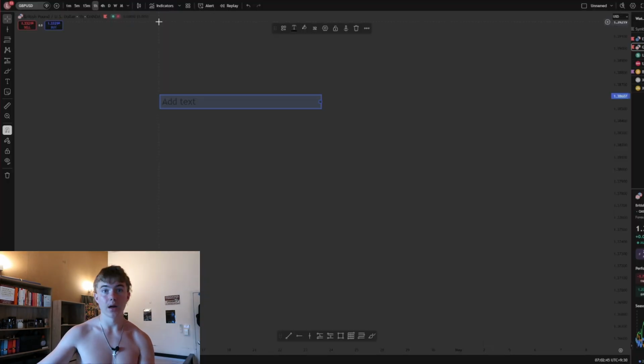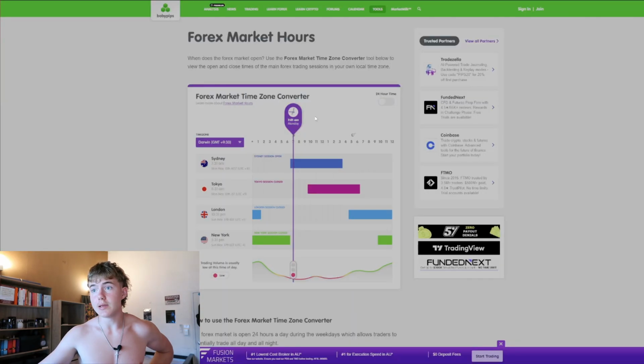And I matched that up to the pairs I was trading, because you'll see I'm trading Euro USD and GBP USD. So GBP, that's going to get more volume in the London session, because that's the Great British Pound.